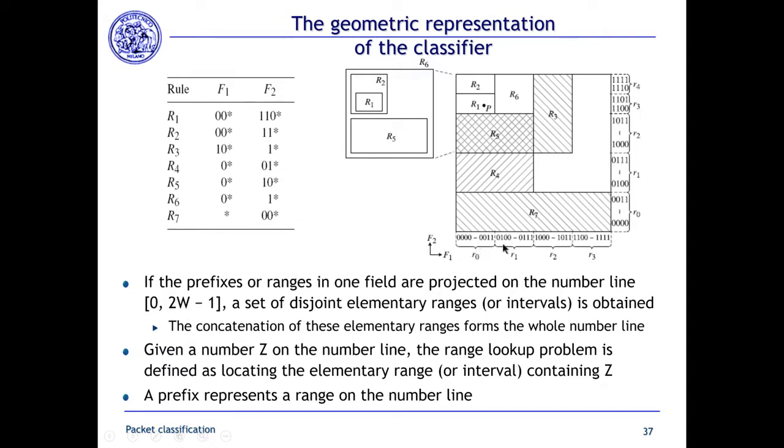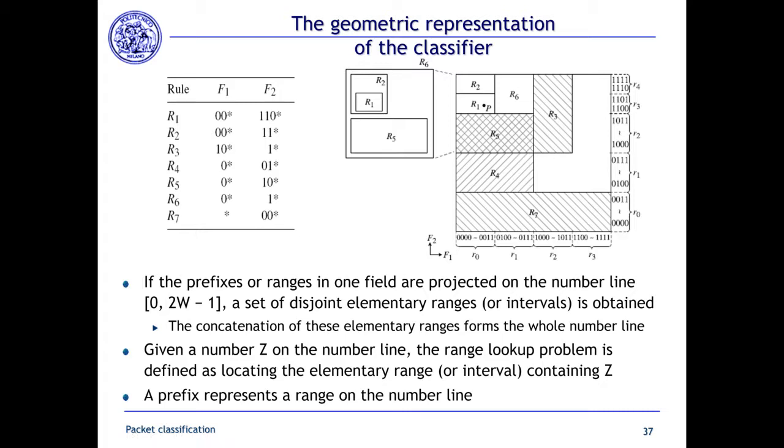So at the end of this process, the two axes will be divided into segments which are not overlapping. If you take a combination of two segments, for example, this segment small r sub 0 and this segment small r sub 3, the combination identifies here on the plane a tile where you can say what is the winning rule.